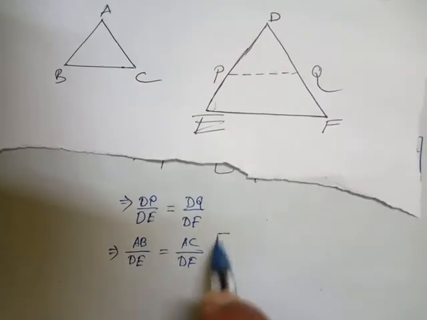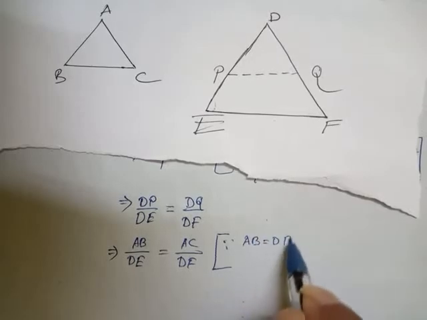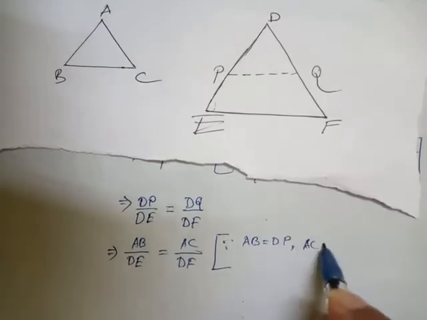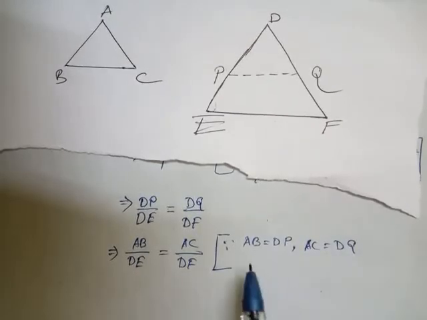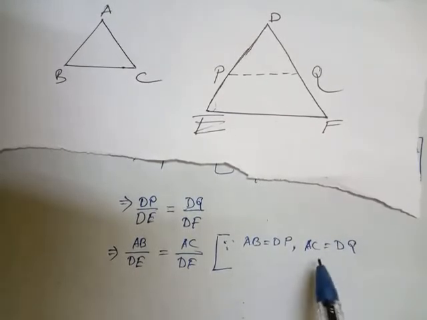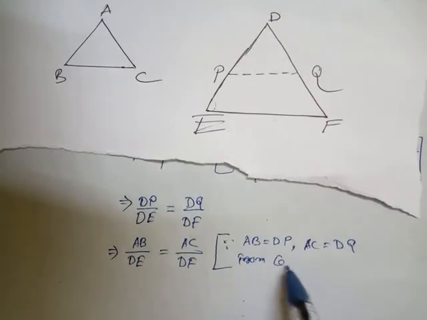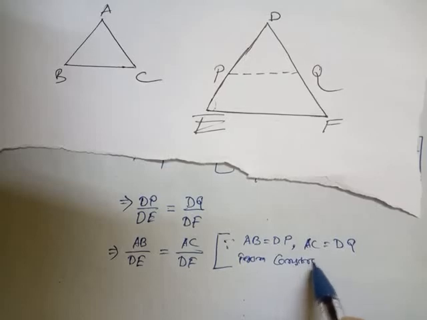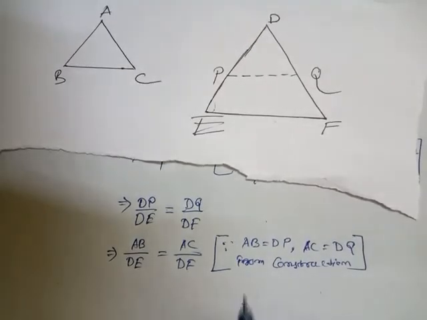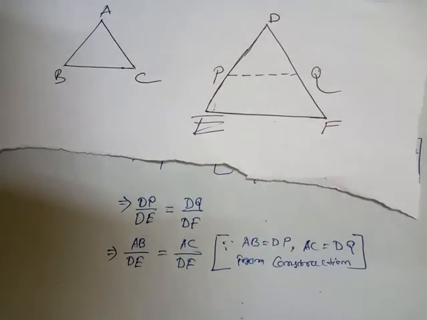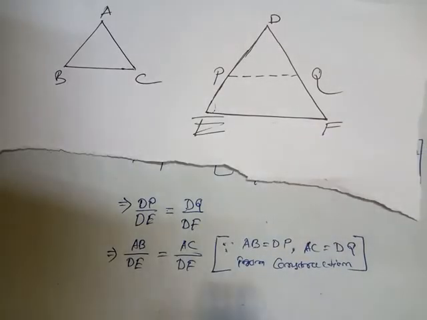The reason is that AB equals DP and AC equals DQ from construction. So AB by DE and AC by DF are already done.